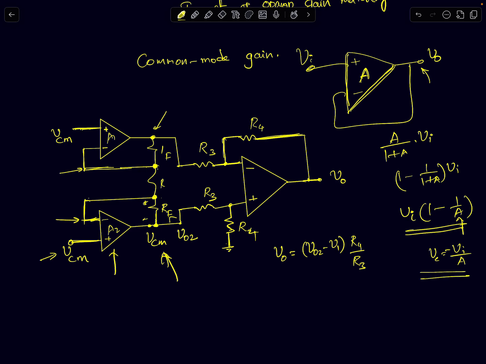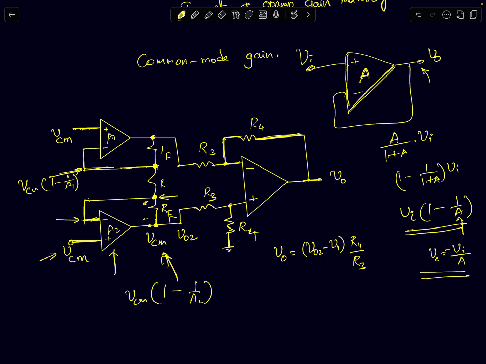The non-inverting terminal will not be exactly equal to VCM, but instead it will be equal to VCM into 1 minus 1 by A1 or A2. So this node here will be equal to VCM into 1 minus 1 by A2, and this node here will be equal to VCM into 1 minus 1 by A1.